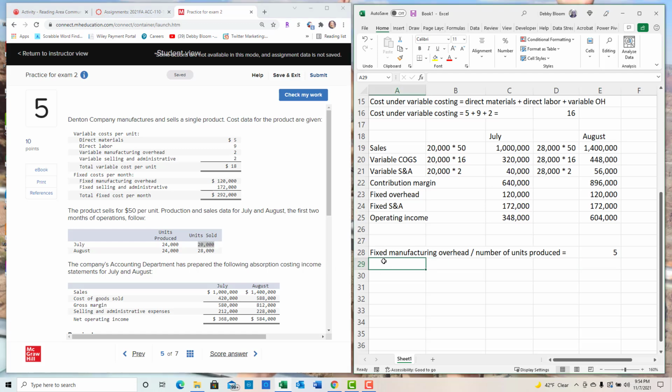So if I take the fixed manufacturing overhead per unit and multiply it by the number of units added to or subtracted from overhead, that is going to equal the difference between variable and absorption costing income.